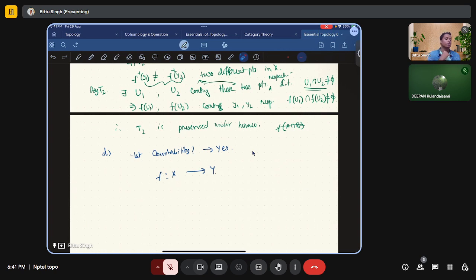First countable means we need to find a local basis, right? Let X be first countable. Then we will assert that Y is also first countable. How can we see this fact?